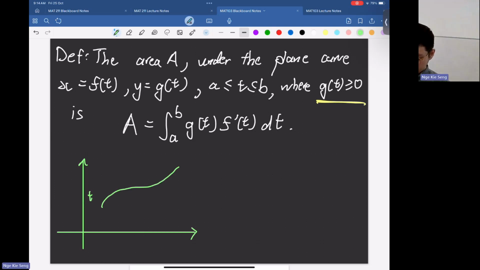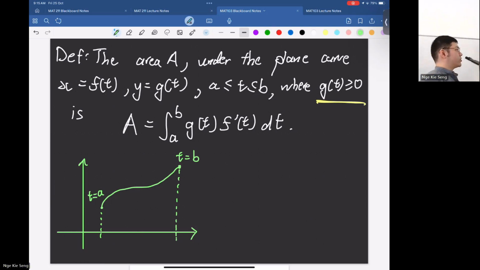Let's say we start at time a and go to time b. If we want to get this area under the curve, do you know how to get it? Do I know the function of y? I know, right? This function of y is g(t).